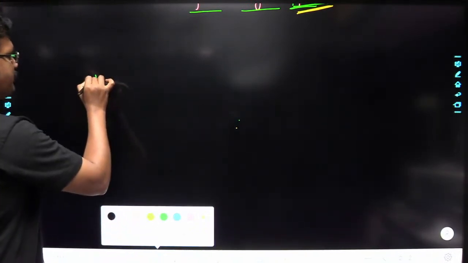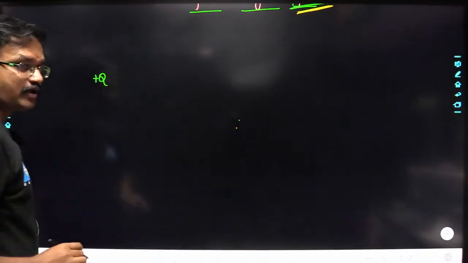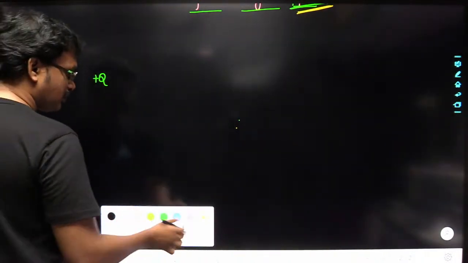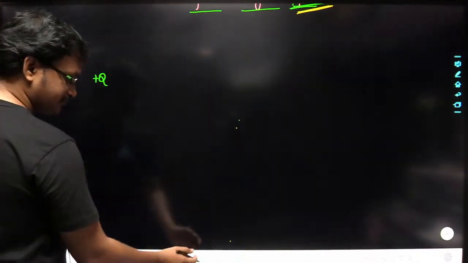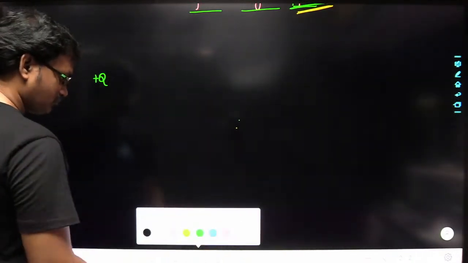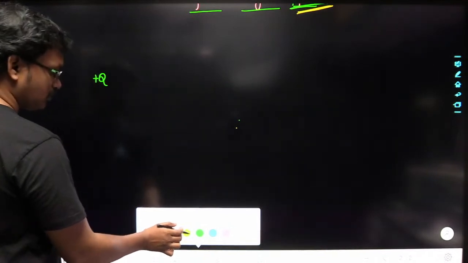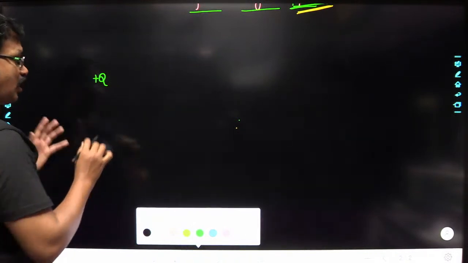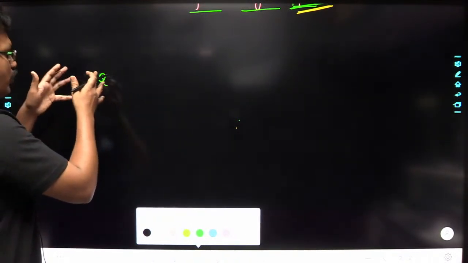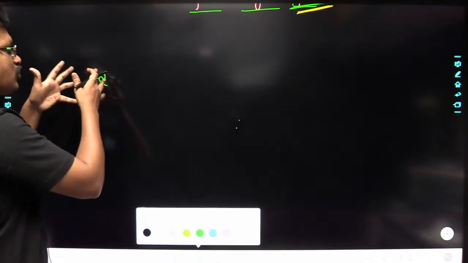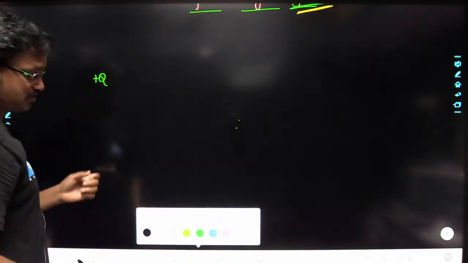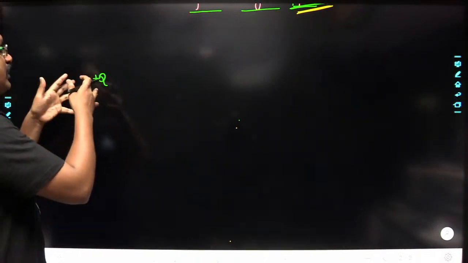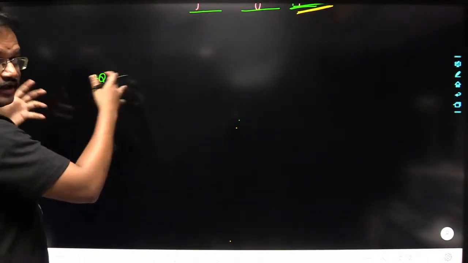Now let us consider a positive charge here. From here we know that the field lines always emanate from a positive charge. Always they point away from a positive charge. Whenever I place a positive charge, the field lines are going to be radially outward.